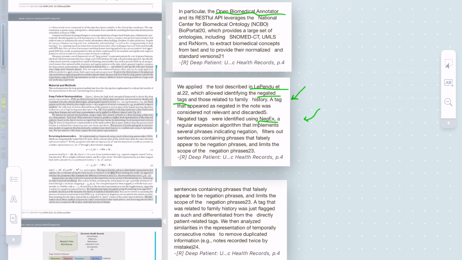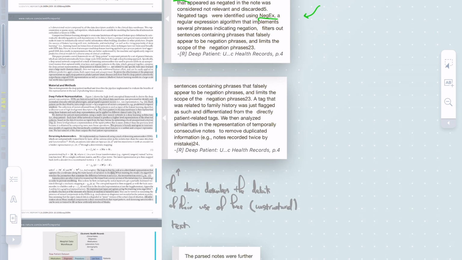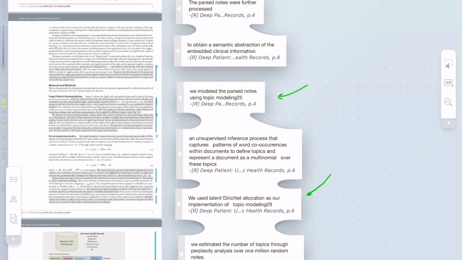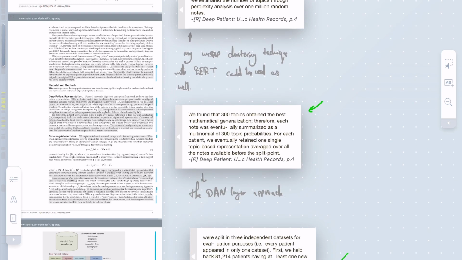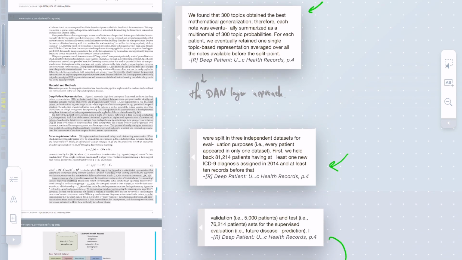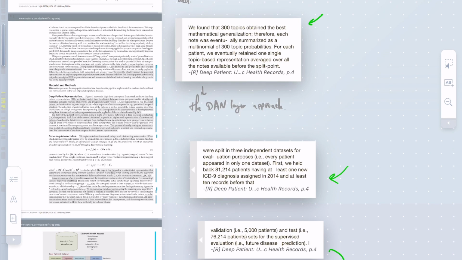And then they parse the notes further and perform unsupervised topic modeling. Namely, they use latent Dirichlet allocation and obtain topics for patients, and they realize that 300 is a good number of topics. And again, they do something similar to deep averaging networks in order to do average pooling over the representations.